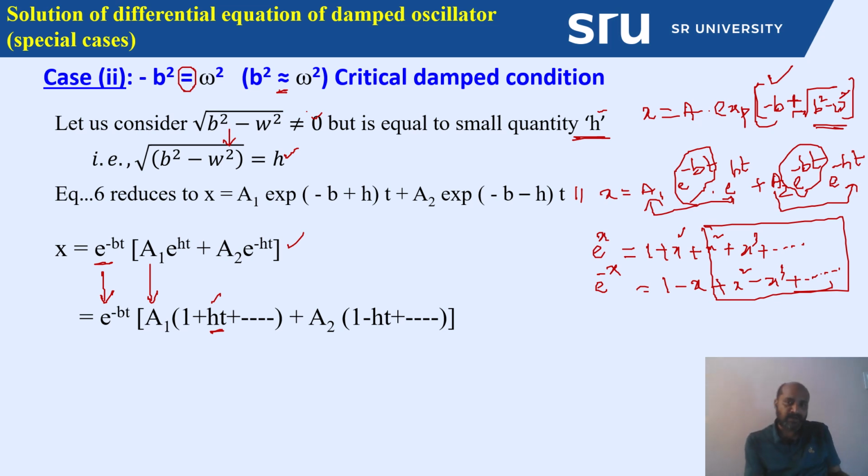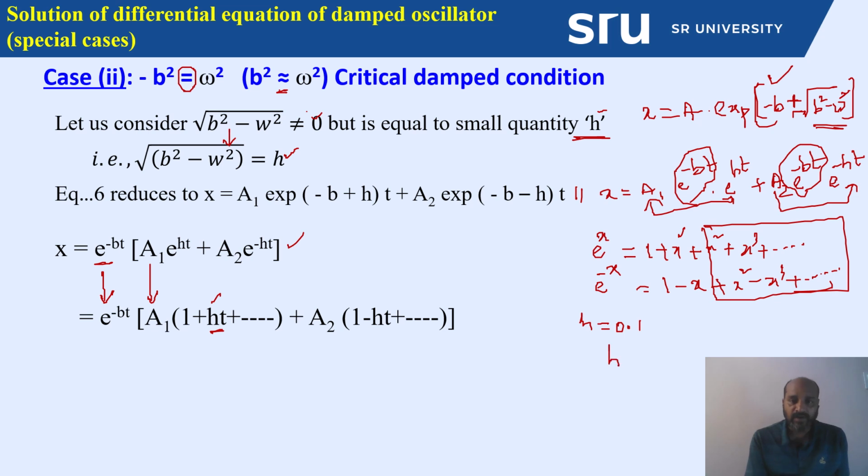The purpose of neglecting the higher orders is because we already said this h is a very small value, right? Let h be 0.1. Even though it is bigger from the damped oscillations point of view, let us consider h is 0.1.